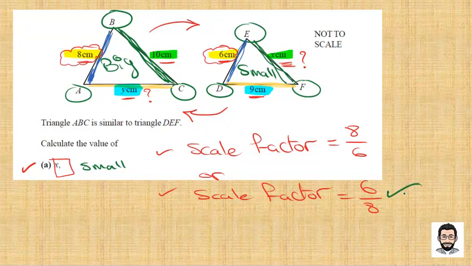Yes, you're going to use this one. If you want to find a small thing, you're going to use the small scale factor. So you're going to write x equals 6/8 times a number here corresponding to x. X is here and corresponding to 10. So I'm going to write here 10. Now you're going to get the answer. What's going to be? Think.